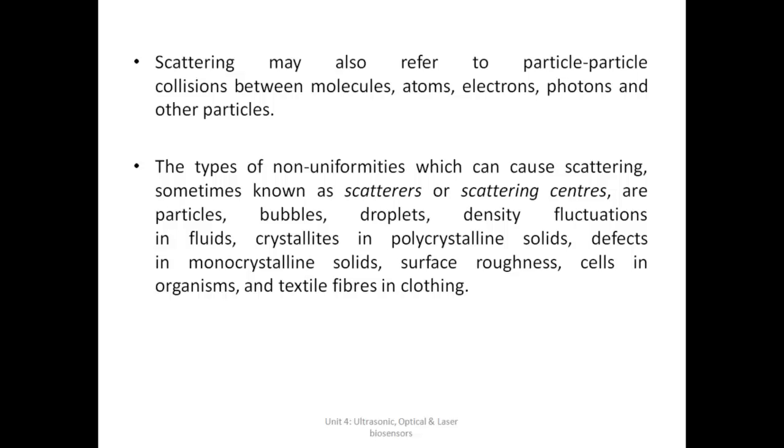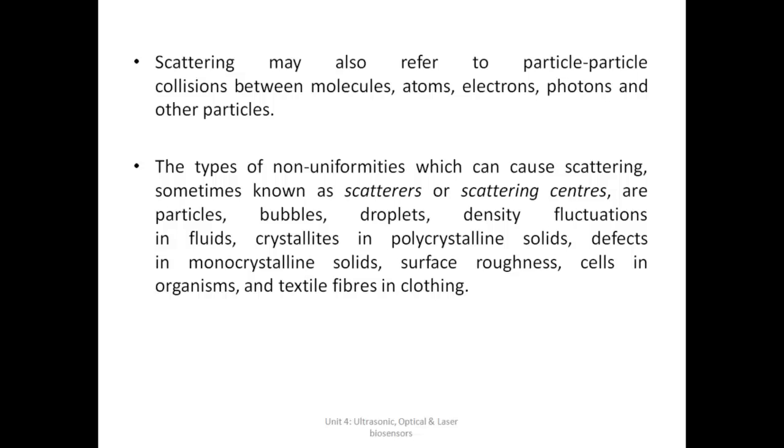The types of non-uniformities which can cause scattering are sometimes known as scatterers or scattering centers. They are particles, bubbles, droplets, density fluctuations in fluids, crystallites in polycrystalline solids, defects in monocrystalline solids, surface roughness, cells in organisms, or textile fibers in clothing.